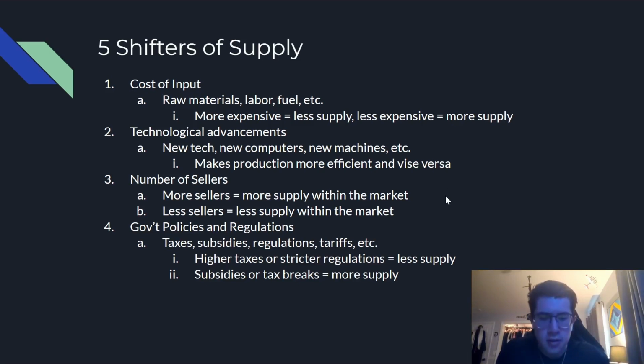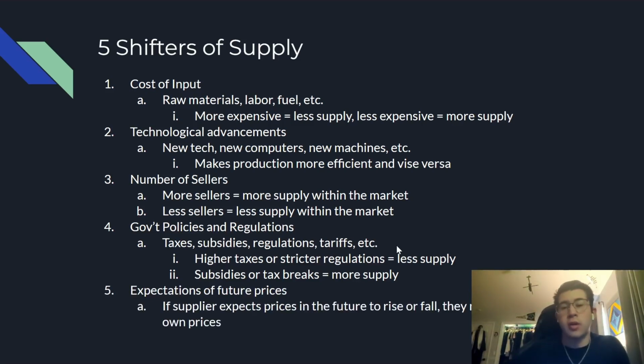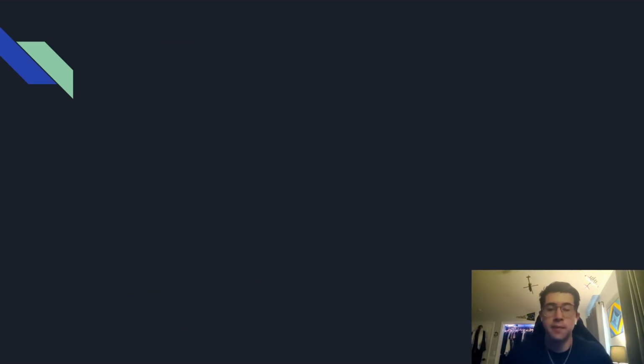Sorry, I meant supply less with higher taxes or stricter regulations. But anyways, number five, we have expectations of future prices. So what is this? If a supplier expects the prices in the future to rise or fall, then they might adjust their own prices to combat that.